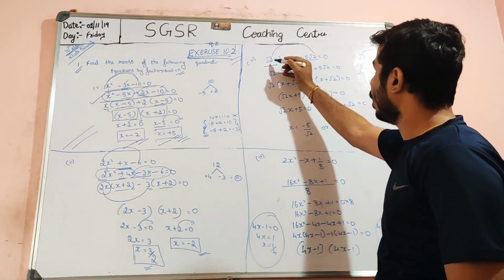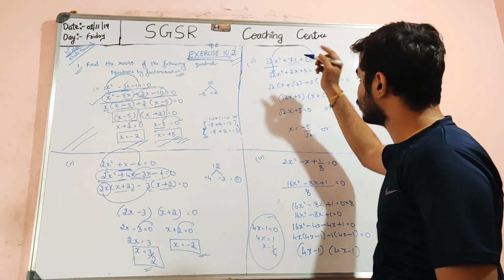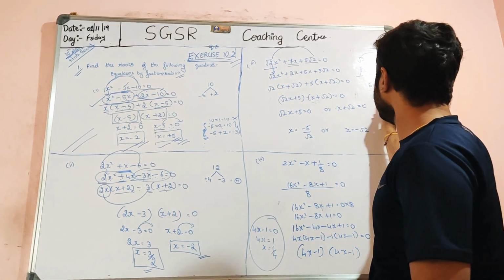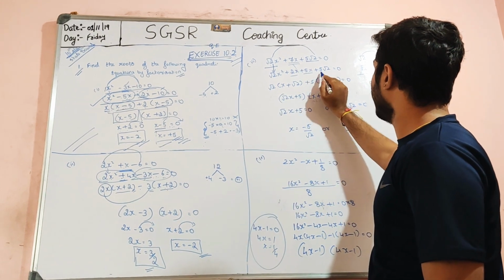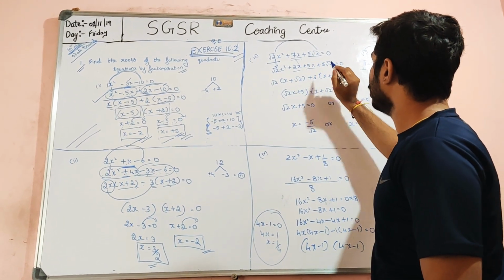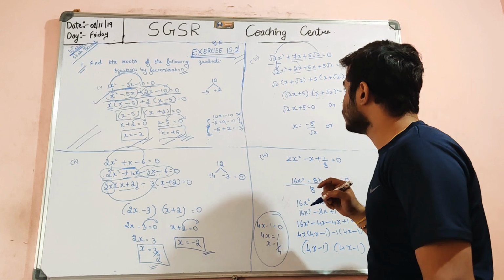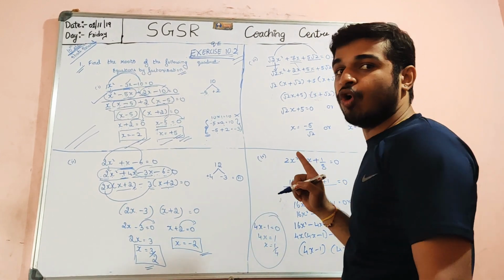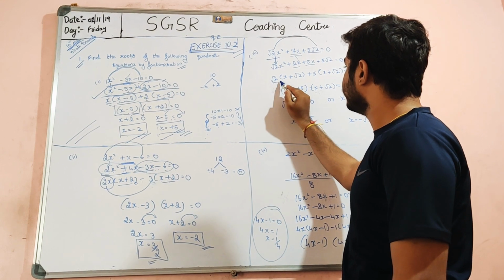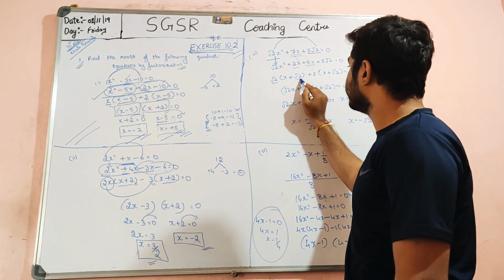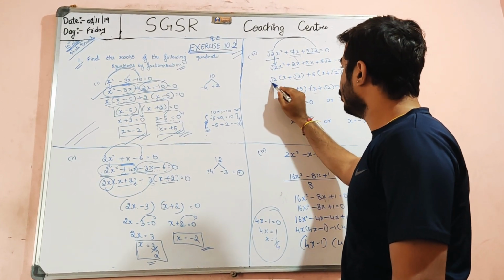So plus 5 plus 2 becomes 7x. Now as it is, root 2x square you should write, and then here 2x plus 5x becomes 7x, and the same way 5 root 2. Okay students, now what should you take common?